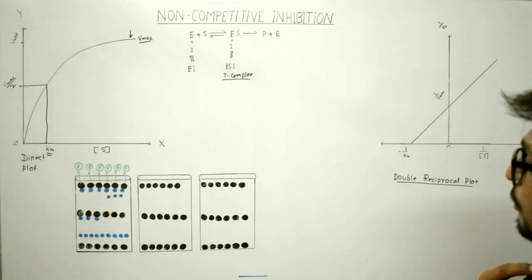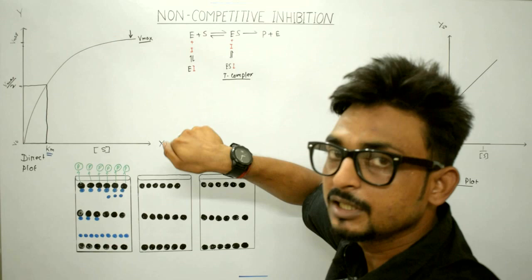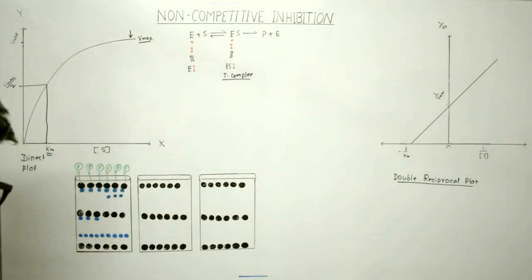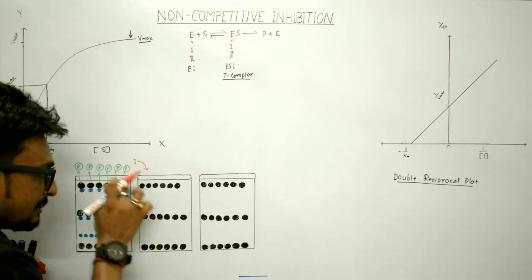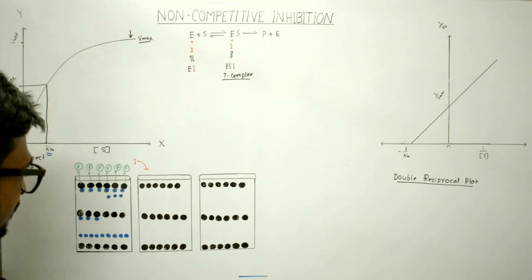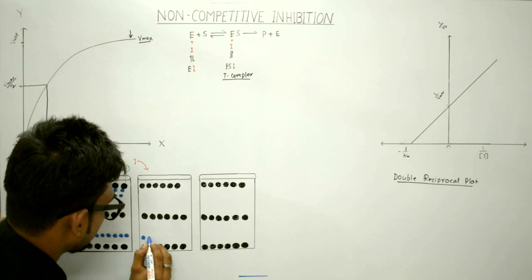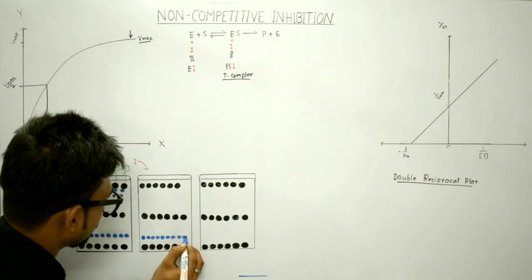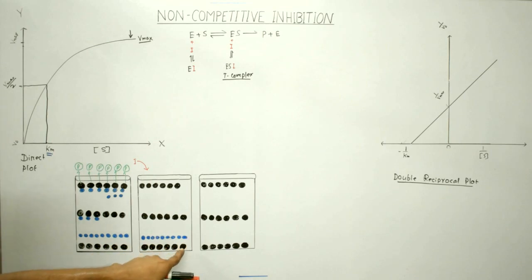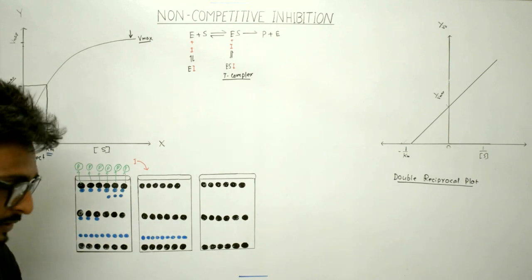So what will happen if we add an inhibitor in the medium? Let's say we are adding inhibitor in the same reaction. The substrates are there, these blue dots are the substrate, and these black dots are the enzymes.